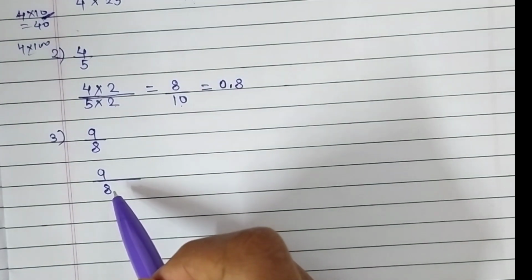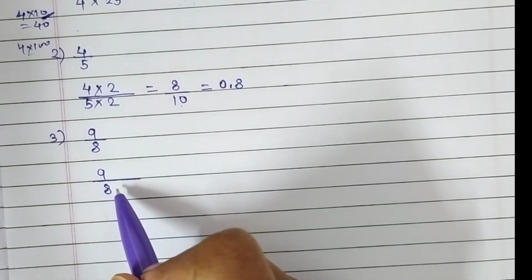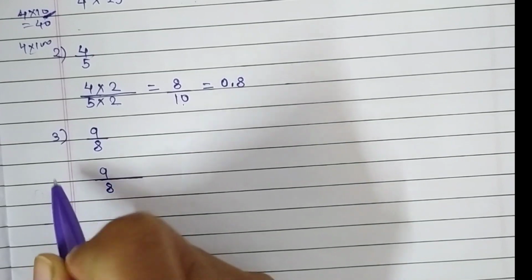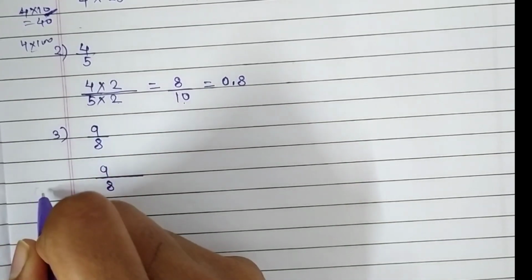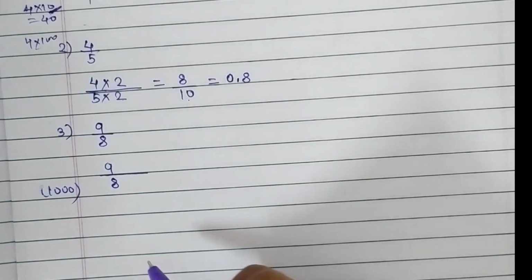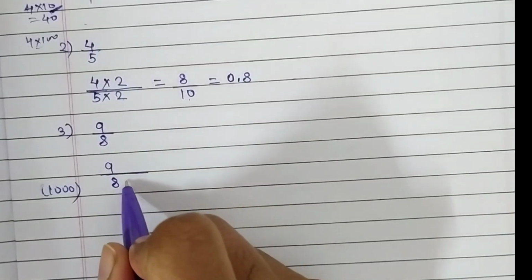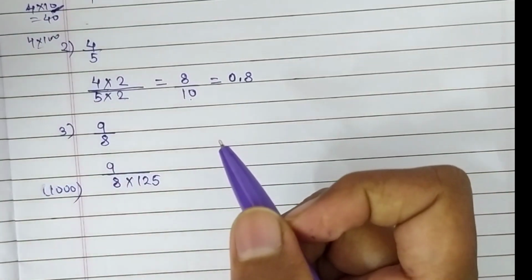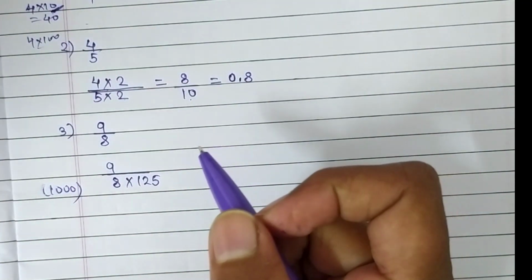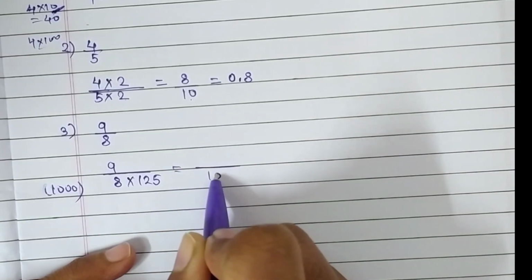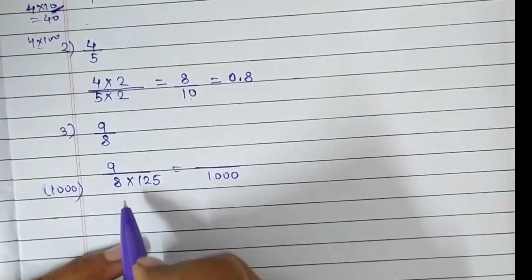So we are going to make the denominator 1000. For that, we have to multiply 8 by 125. 125 multiplied by 8 gives the denominator 1000.